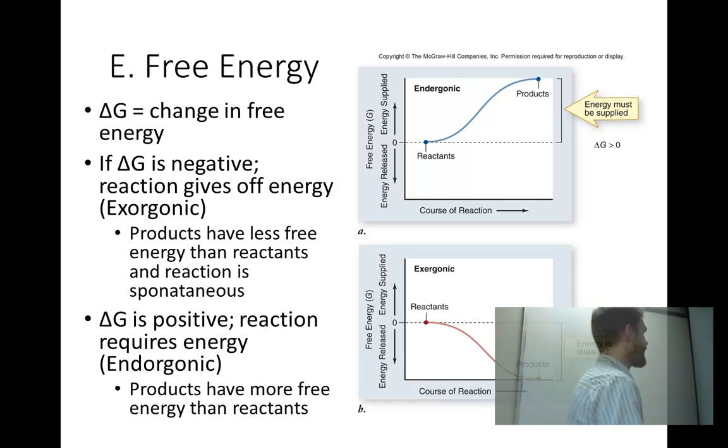In an exergonic reaction, the products have less free energy than the reactants. Okay, so that is this one here. This graph is marking 0 here as the amount of free energy at the beginning, and after you go through a reaction you have products.